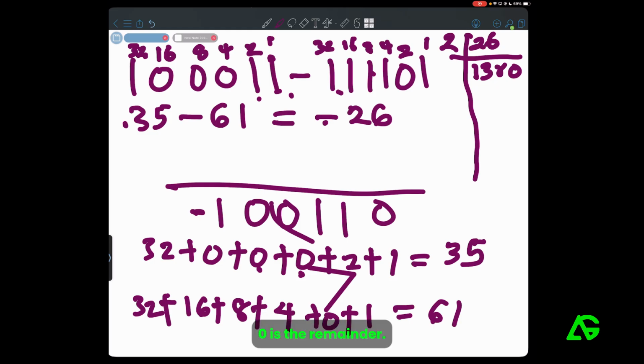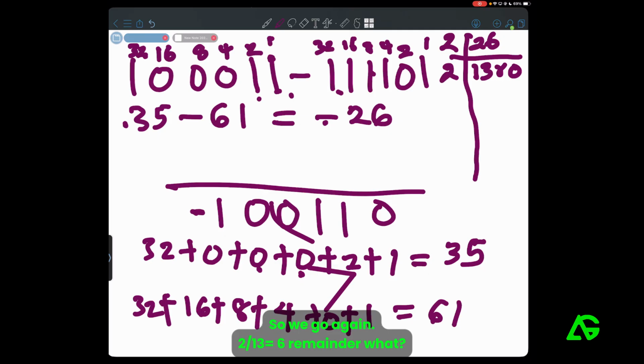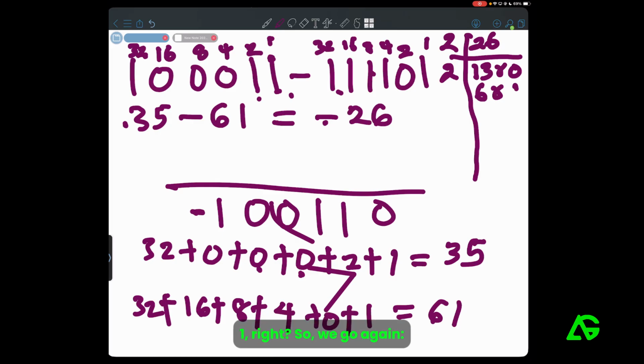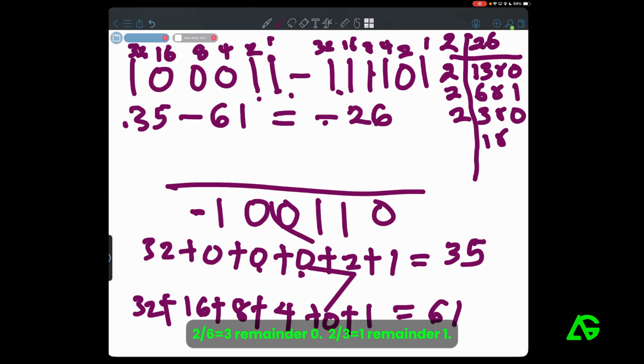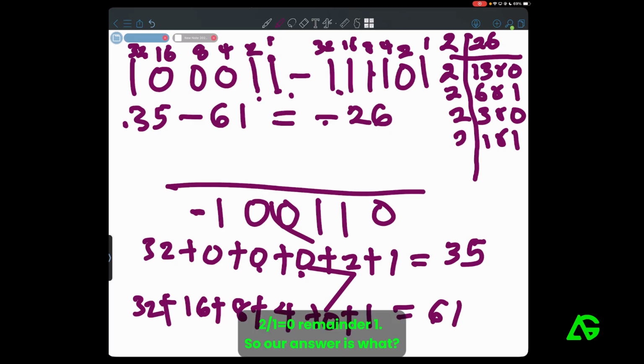The 0 is the remainder. So we go again. 2 in 13, 6, remainder 1, right? So we go again. 2 in 6, 3, remainder 0. 2 in 3, 1, remainder 1. 2 in 1, 0, remainder 1.